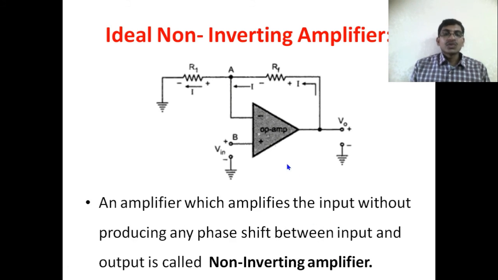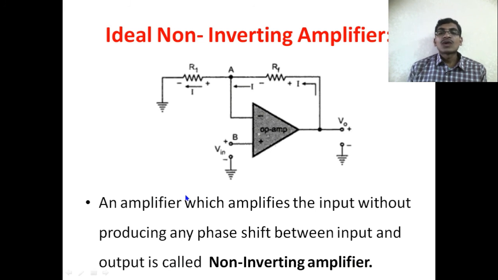The definition for a non-inverting amplifier: an amplifier which amplifies the input without producing any phase shift between input and output is called a non-inverting amplifier. An amplifier which does not produce any phase shift, or has 0 degrees phase shift, between the input and output is called a non-inverting amplifier.